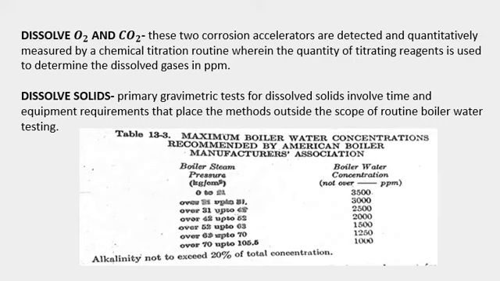Dissolved solids: primary gravimetric tests for dissolved solids involve time and equipment requirements that place the methods outside the scope of routine boiler water testing. Table 13-3 shows the maximum boiler water concentrations recommended by the American Boiler Manufacturers Association.